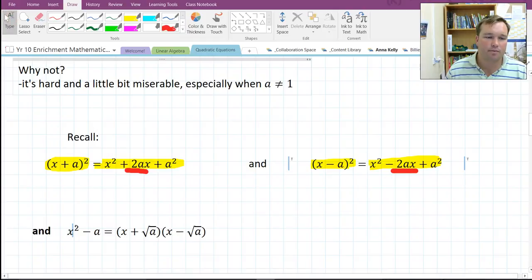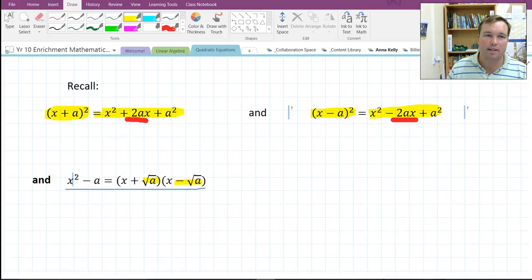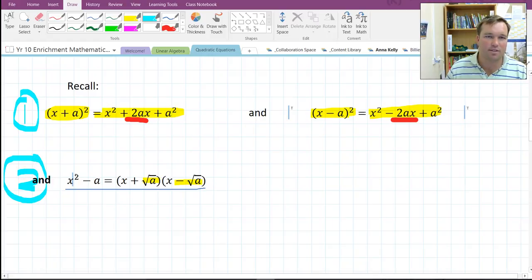Similarly, note difference of perfect squares looks like this. So difference in perfect squares, when the second one is not necessarily a square, we can use this square root trick here. Now, these have been covered in previous videos, so hopefully none of them are particularly new to you. But basically, completing the square requires this, and that completes the square, and then this to factorize, 1 and 2.